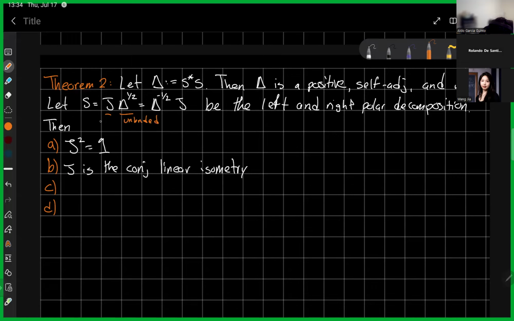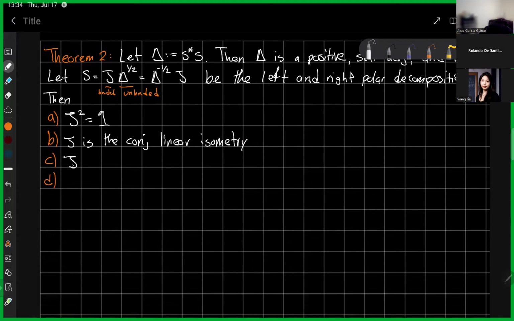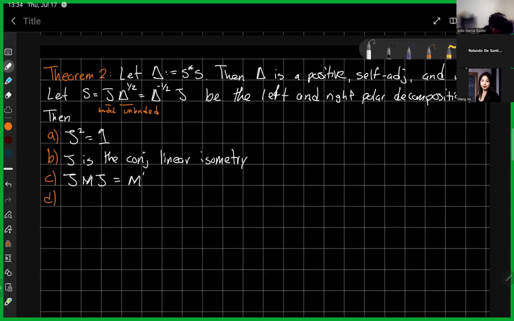Of course, if S is unbounded, right? The bounded operator. And then another nice thing that you end up getting is that JMJ is going to be M prime. And because this is an injective map, it means that 0 is not in its spectrum, and so not in its point spectrum.